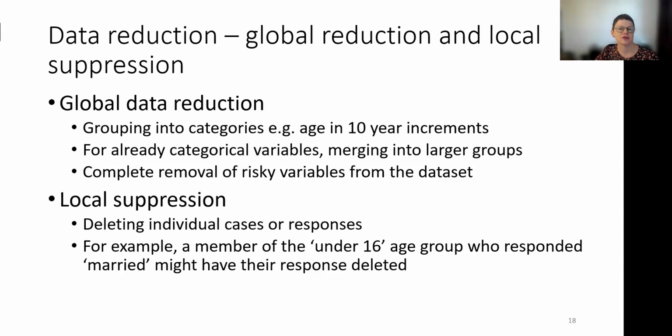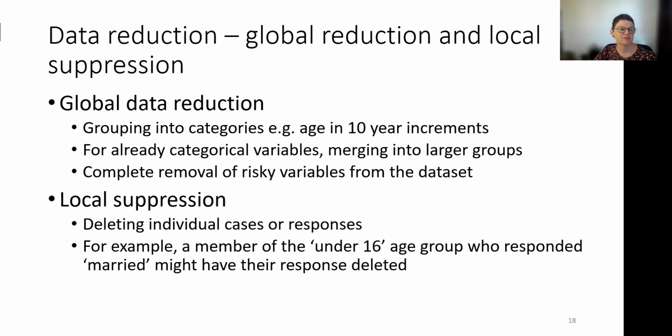So you no longer know that people are 45, 63, and 22, just that they are 20 to 30, 30 to 40, or 40 to 50. And for already categorical variables, you merge them into larger groups. You find out you're still not doing well enough with 10 years, so you switch to 25-year increments. Or you completely remove risky variables from the data set. Doing this affects everybody in the data, so it's called global reduction.